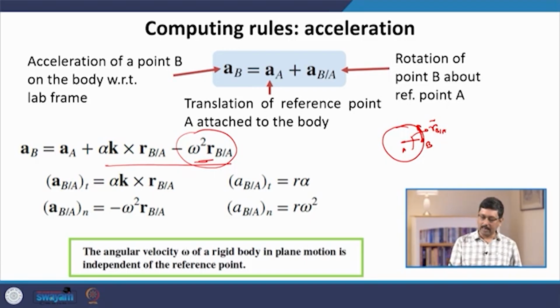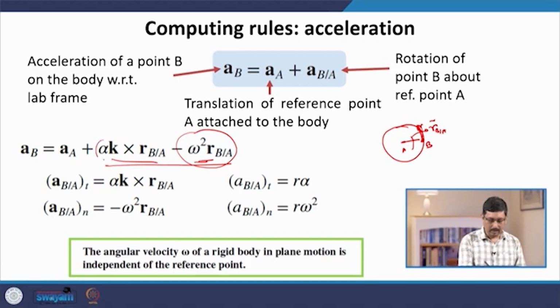But if the magnitude of the velocity of the particle is also changing, it can in general also have an acceleration in the tangential direction, and this is coming from this term.